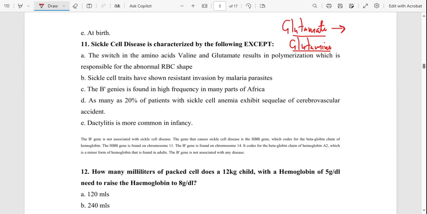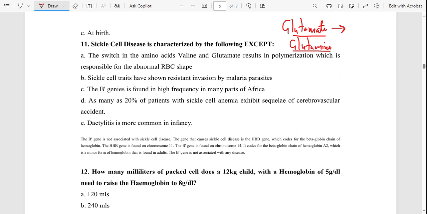So, sickle cell anemia is just a homozygous state where you carry two sickle genes from both parents. So it is HbSS. Sickle cell trait is you have got one gene that's normal, which is adult hemoglobin, and then the other one is going to be abnormal. So it's HbAS.